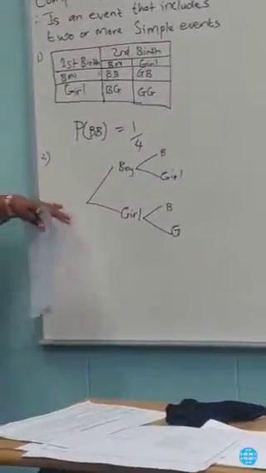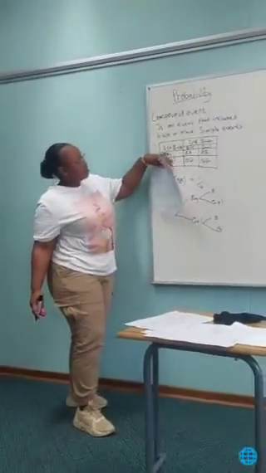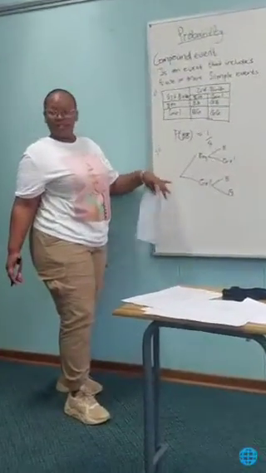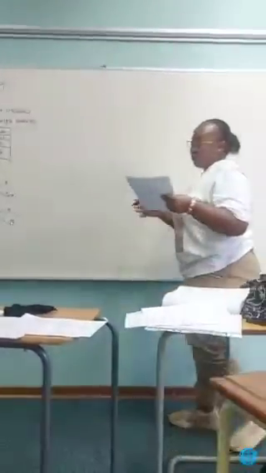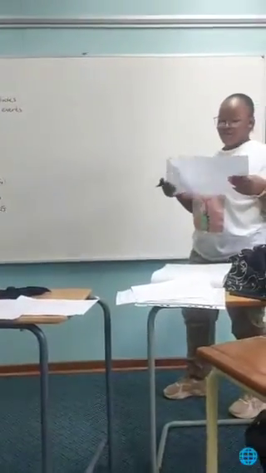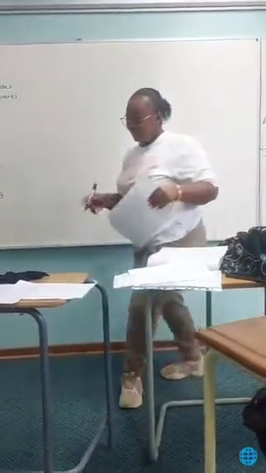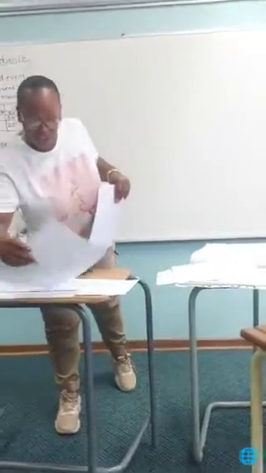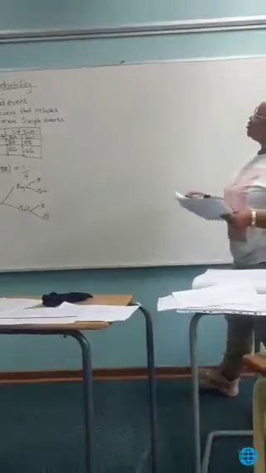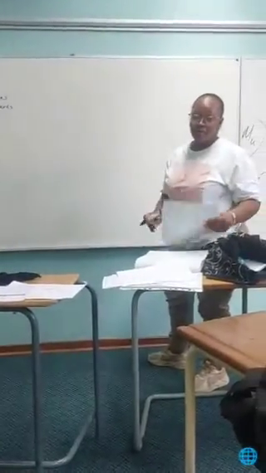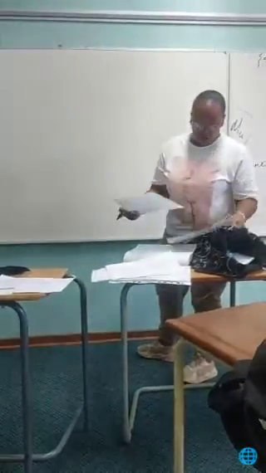You can represent this data on the table using a tree diagram. Now, in today's lesson, we are going to look at Venn diagrams and calculations of probability of mutually exclusive events and complementary events.